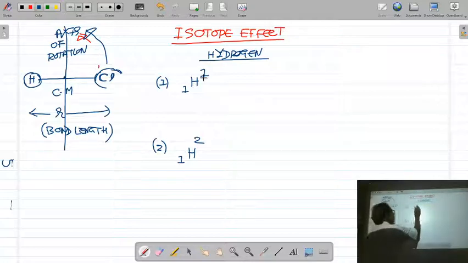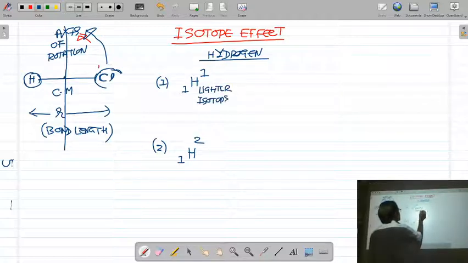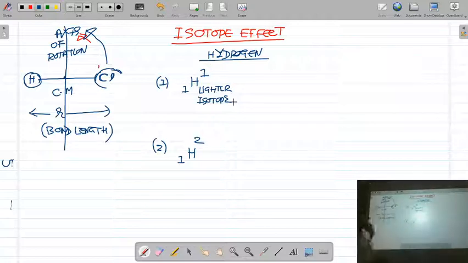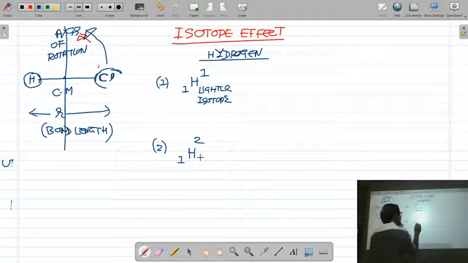The mass of 1H1 is less, so it is a lighter isotope, and the mass of the deuterium 1H2 is double the mass of 1H1, therefore this is a heavier isotope.